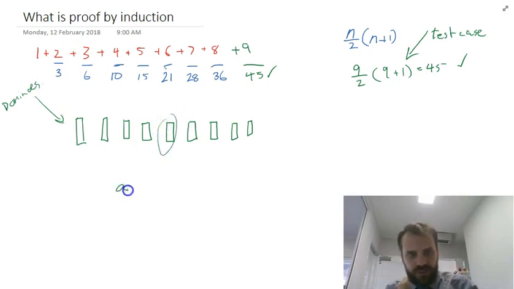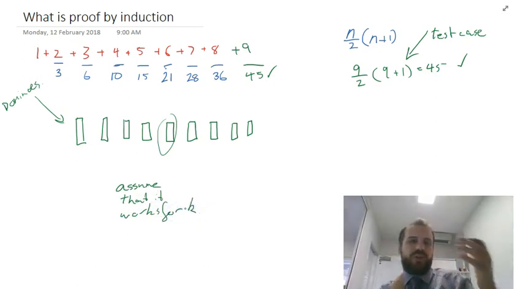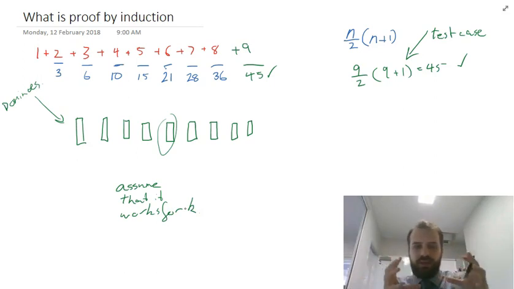Step 1, you assume that it works for k. Just for a random domino. Now, I'm not saying choose domino 6, I'm saying let a domino be k and assume this formula works.